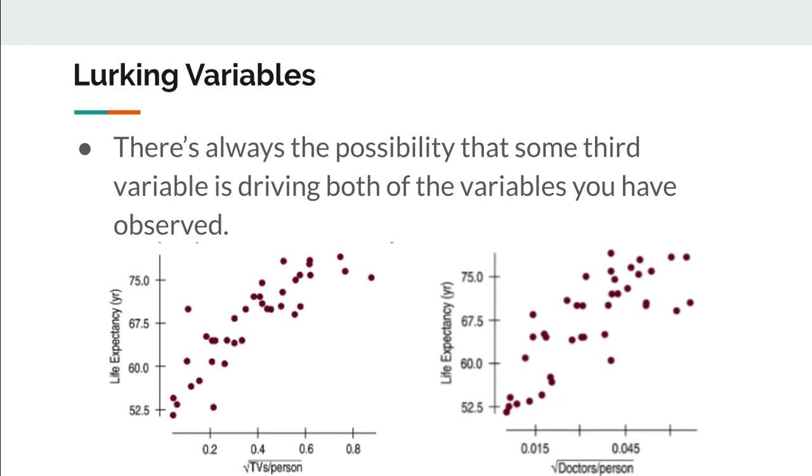Are more doctors causing longer life expectancies? In first world countries, people can afford more TVs, and they'll also have longer life expectancy because they have more doctors. So you can see there are lots of variables going into how long someone's lifespan is. You can't just break it down into one, but we're able to separate it and see not a cause and effect relationship, but how they do affect each other.